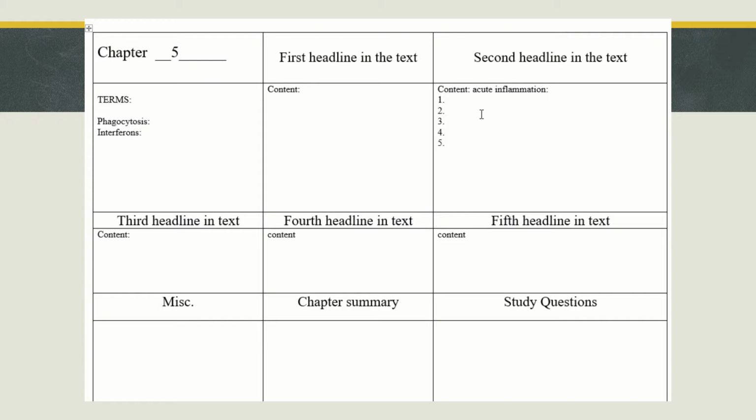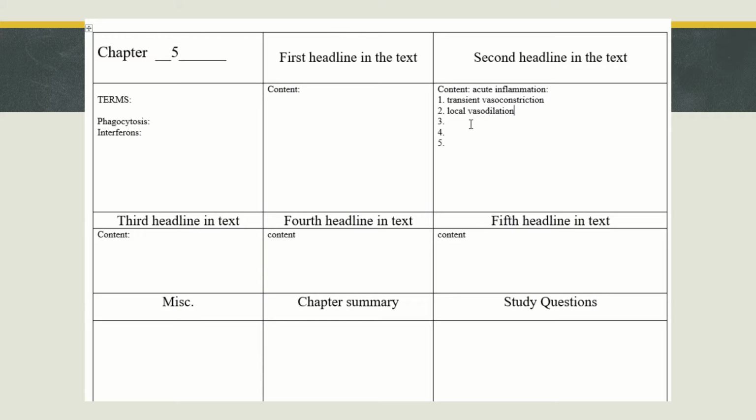So first, number 1, you would have transient vasoconstriction. And then there's a rapid release of chemical mediators, and that results in local vasodilation.